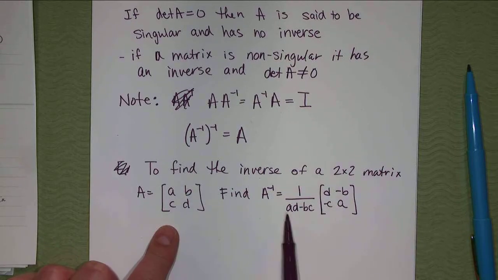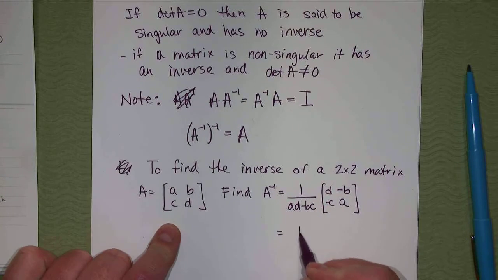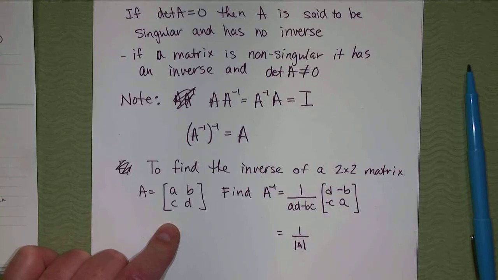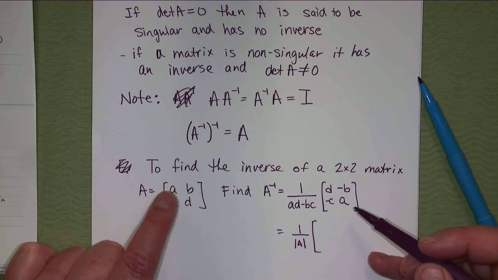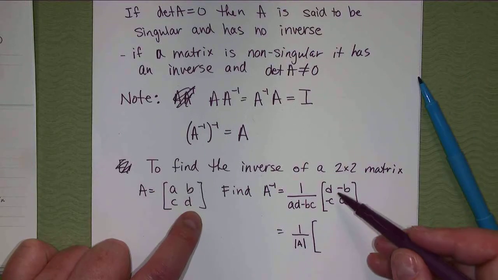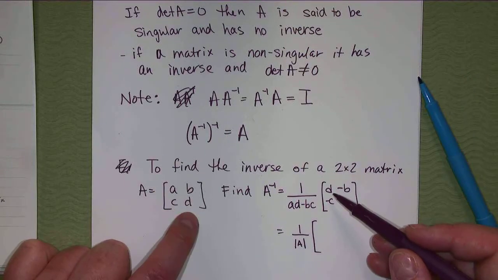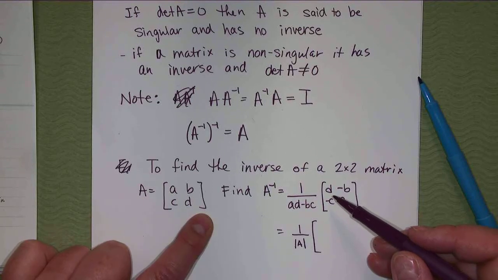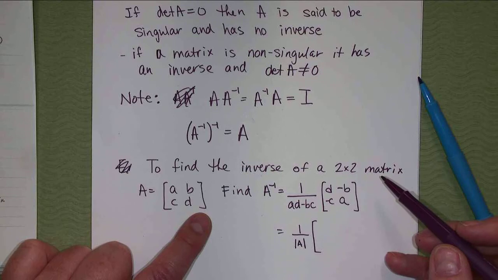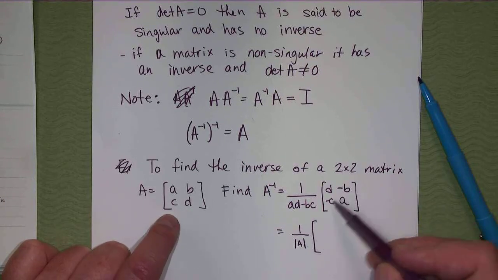This here is what? 1 over the determinant of A. Right? 1 over the determinant of A. And here, what did I do? It was A, B, C, D. So I switched the A and the D, changed their places. And then change the sign of these two.